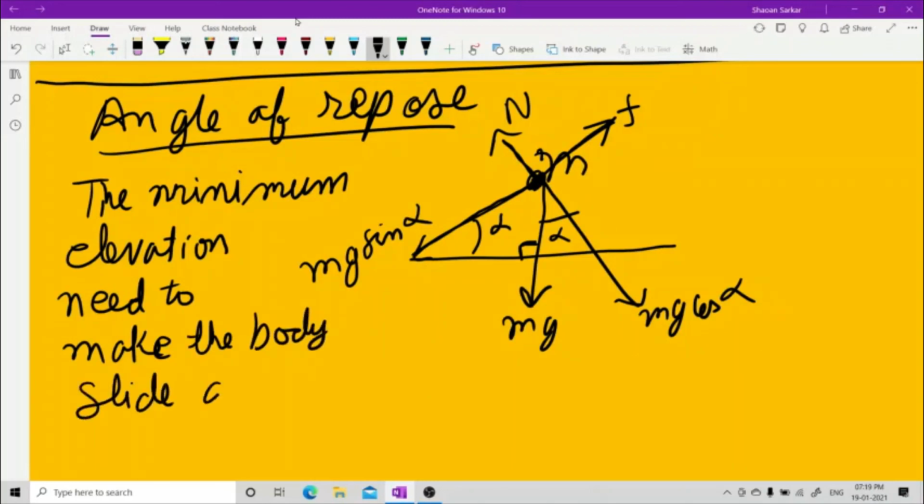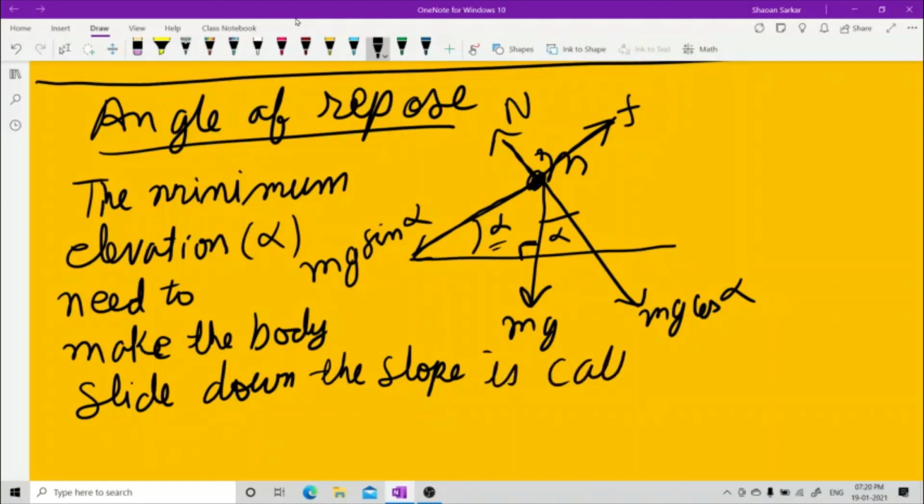That is the minimum elevation, that is alpha. This alpha needed to make the body slide down the slope is called the angle of repose.